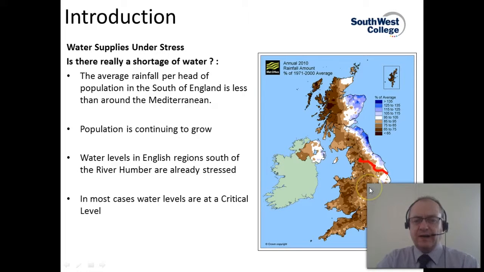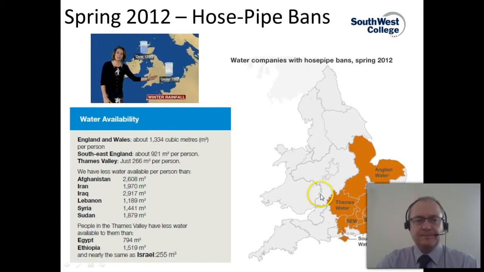In most cases, water levels are considered to be at critical levels. 2012 would be a good example. In the spring of 2012, there were hosepipe bans brought in across most of the southeast area. So again, you can see the River Humber, and all these areas down to the southeast were all subject to a hosepipe ban in spring of 2012.